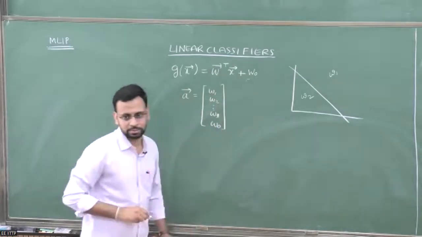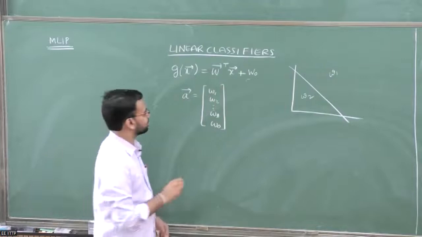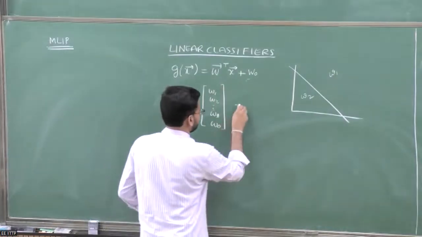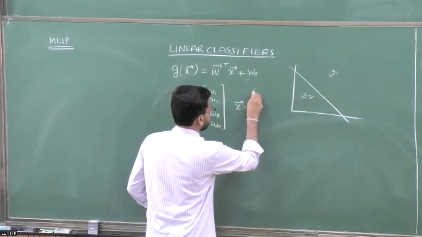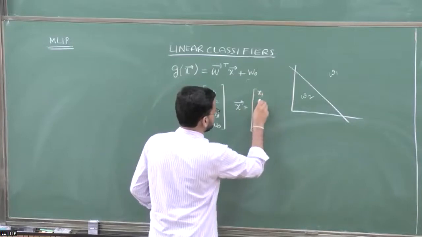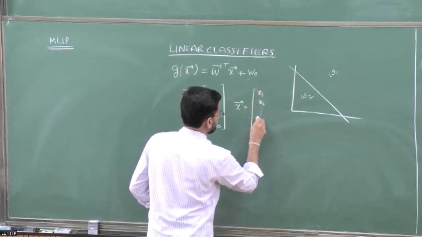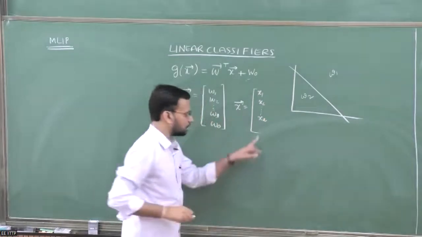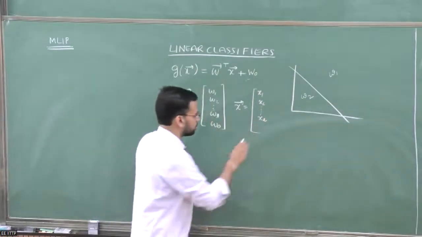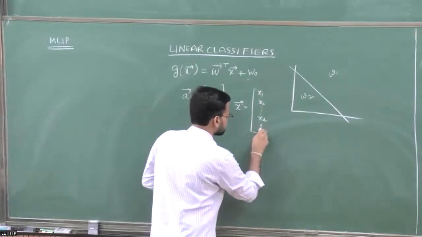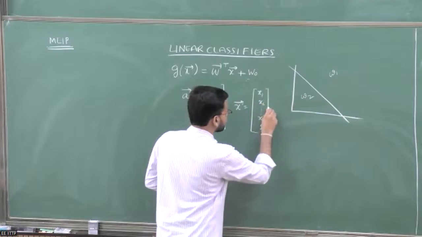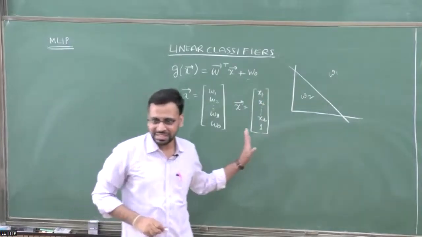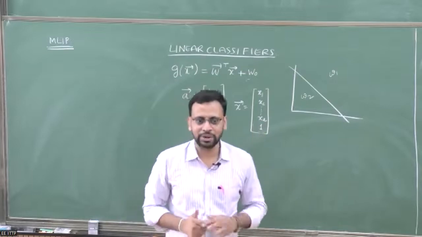Then what will you do? And making the last value of the x vector, very good. So x bar will be equal to now x1, x2, and it will be there till xl. What will you take here? 1. Good. See, this is what you are essentially doing here.